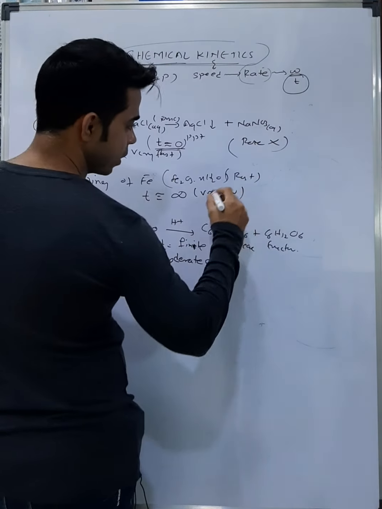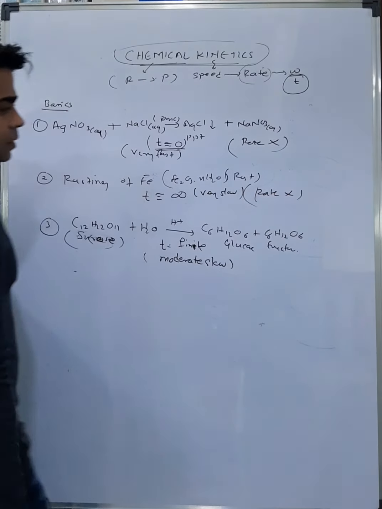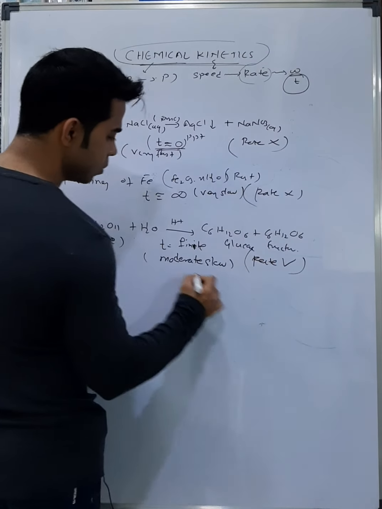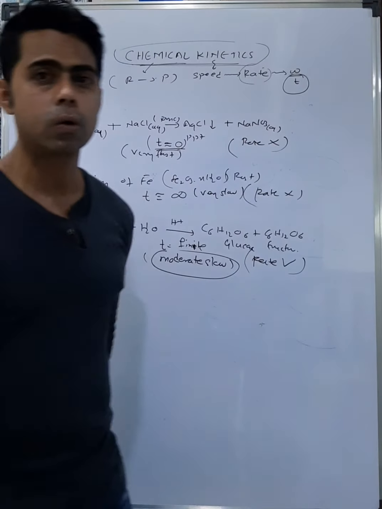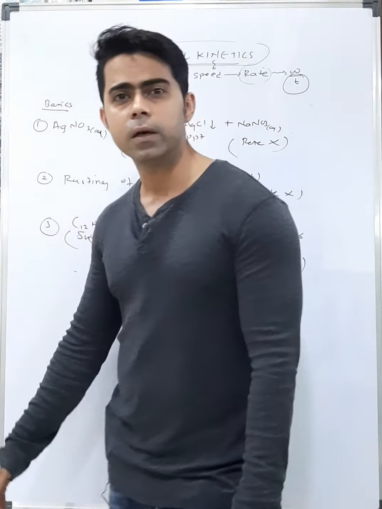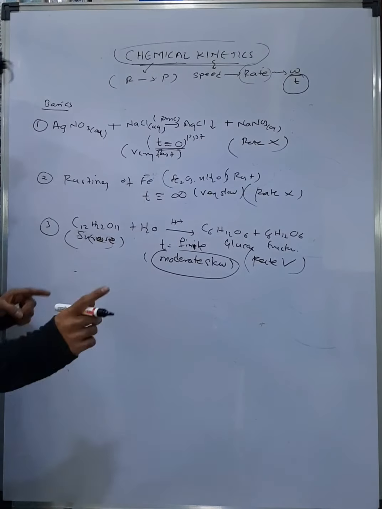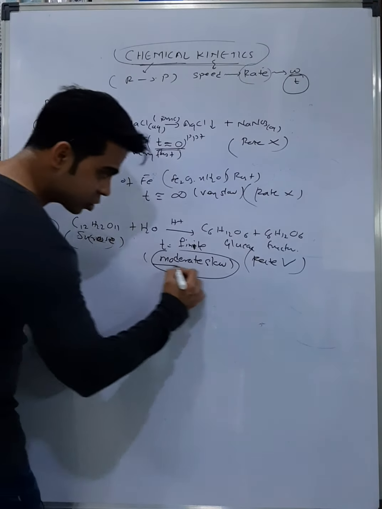So अगर ये time finite is very slow reaction, तो यहाँ पर भी आप rate study नहीं कर सकते. So you can study rate only in the reaction where the time is finite, that is a moderate slow reaction. ना तो बहुत ज़्यादा fast होगा, ना तो बहुत ज़्यादा कम होगा. तो in such type of reaction you can study the rate mechanism. Okay? तो first part you need to understand कि आप speed और rate कौन से reaction में find कर सकते हैं, in a moderate slow reaction.